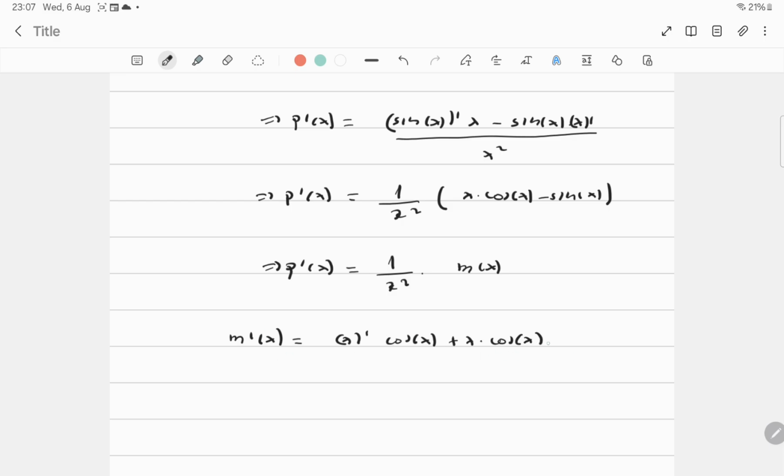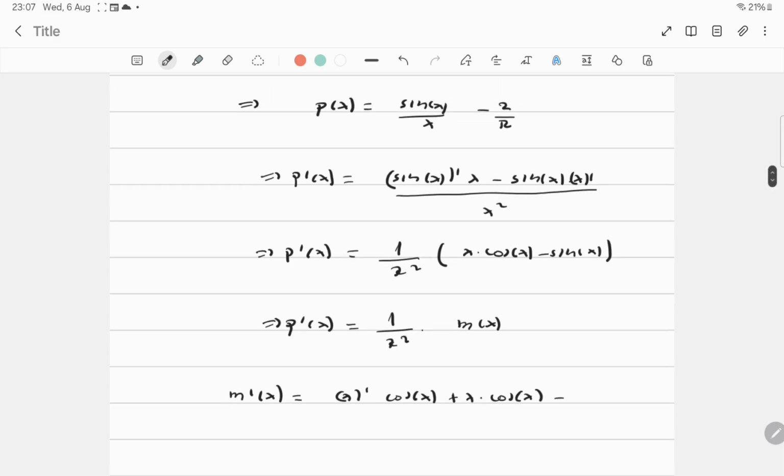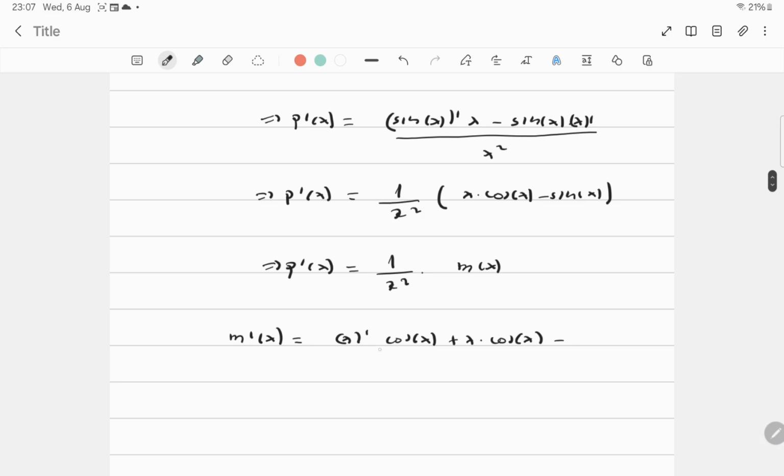So I calculate the derivative of this function. I use the product rule for the first term, and the derivative of sine is just cos.